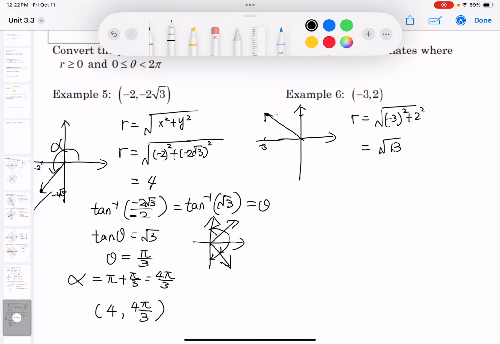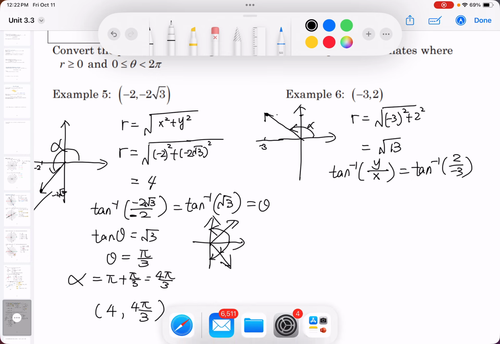And finding the theta. Here, I cannot say this is theta, so let's say alpha. Finding the inverse of tangent of y over x, which is inverse tangent of 2 over negative 3. We should use our calculator to do the computation.